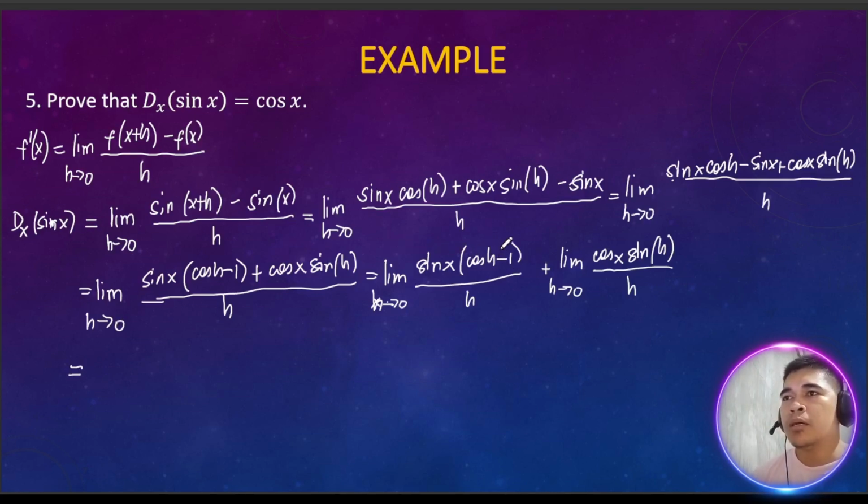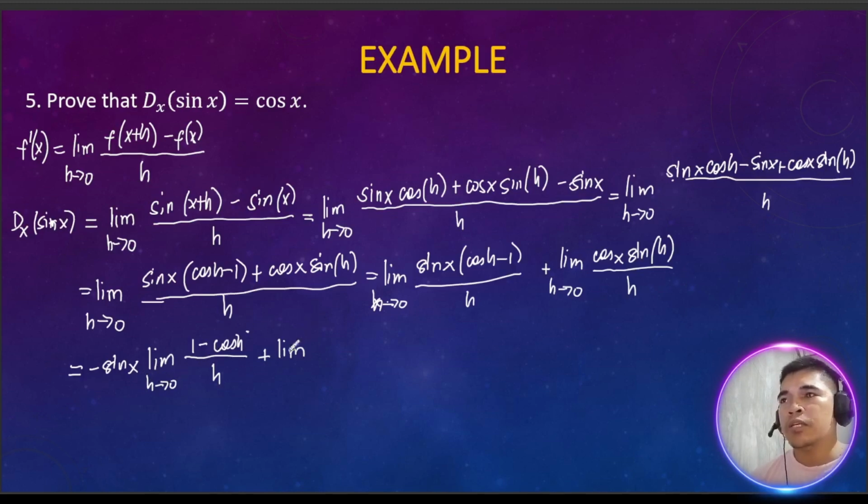So to flip this, we solve it as 1 minus cosine h, so we remove the negative. Okay? We remove the negative, and then the sine x. We got the limit, and what is left there is positive 1 minus cosine h over h, plus the limit, as h approaches 0.